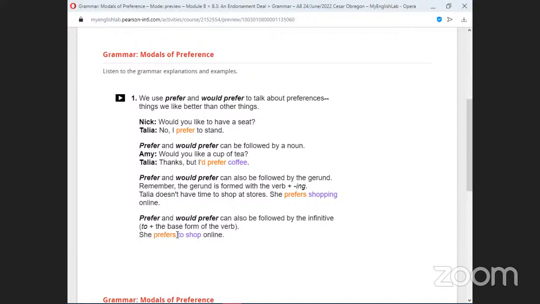We only need to add an S because prefer is a verb, just as walking and jumping, right? Remember, these two we use to talk about preferences, things that we like better than other things.